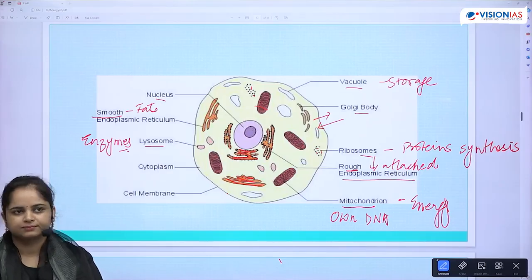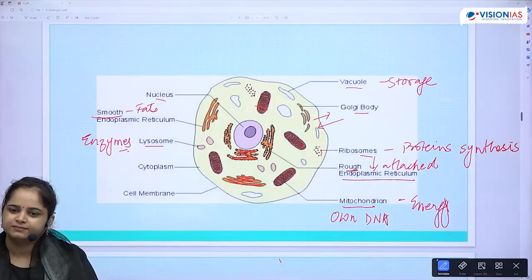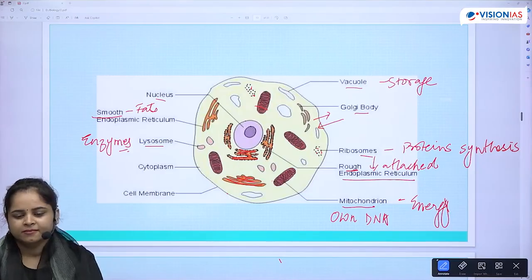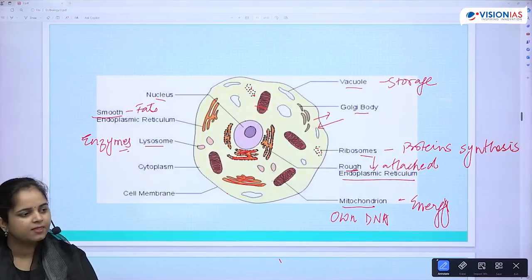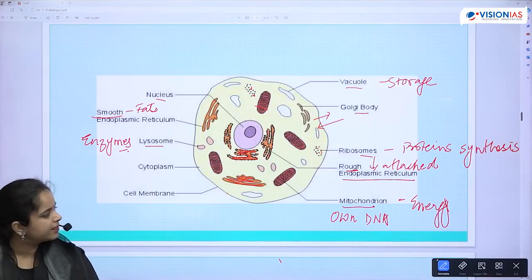Then smooth endoplasmic reticulum. It does not contain ribosomes and is associated with manufacture of fats.